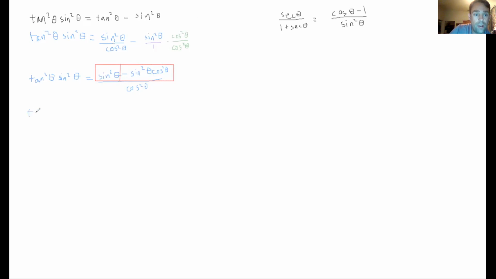So if we factor it out, it would become sine squared times 1 minus cosine squared.